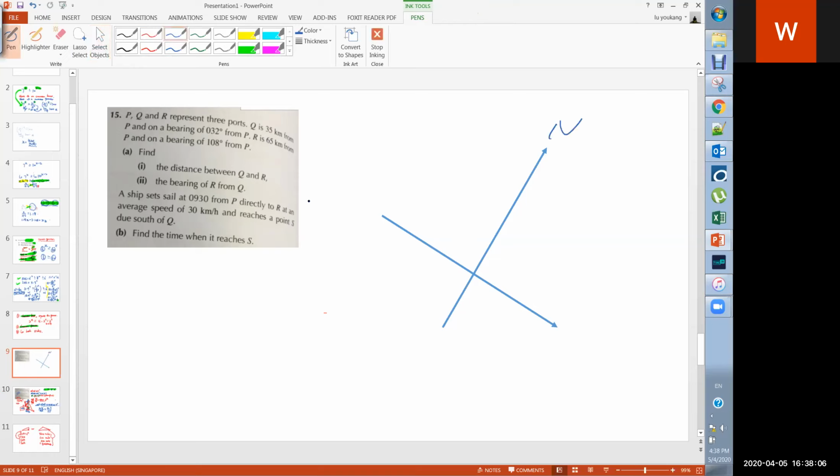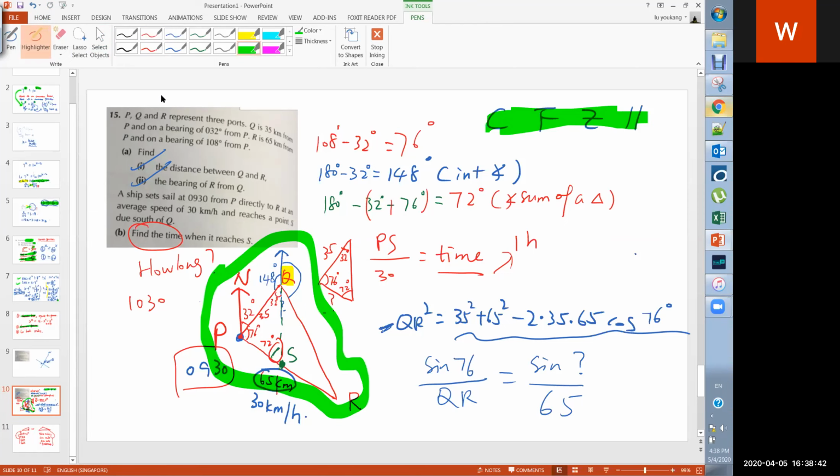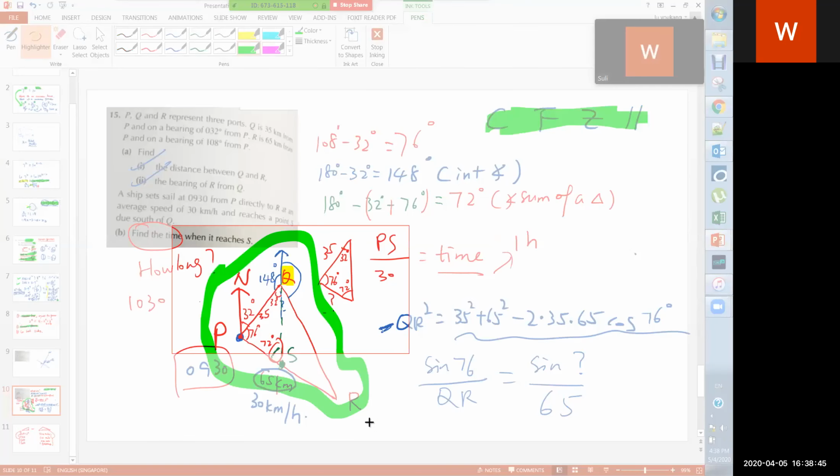So let's say your north is here already. Let me just do the first statement. Your Q is 35 kilometers from P, on a bearing of 32. That means if this is your P, this is your 32, and then this 35 kilometers is here, so your Q is here already. Can you compare this to this? You need to be very careful.